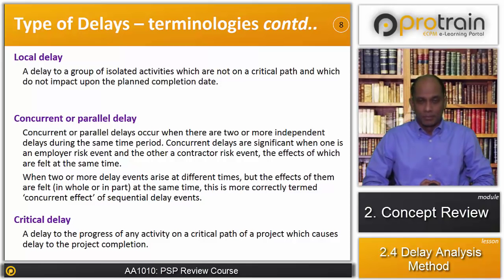In our substation example, suppose the employer was supposed to provide the design information in the third month of the project, and the contractor was supposed to place the purchase order in the third month of the project, and the project is progressing.